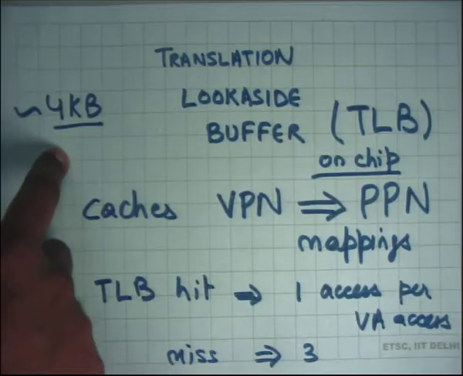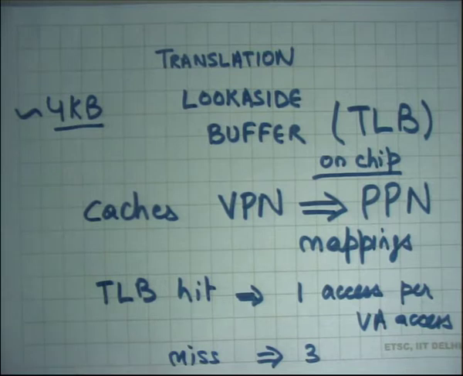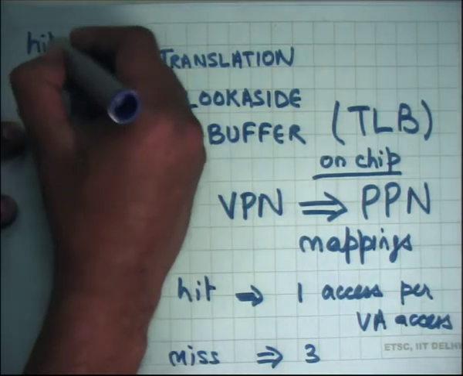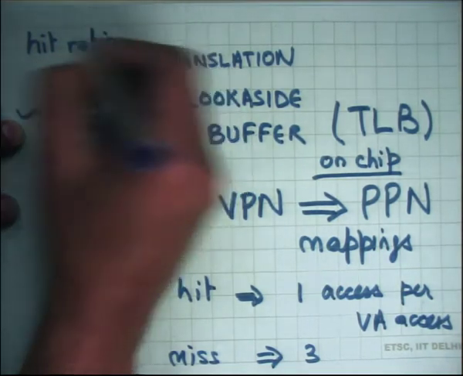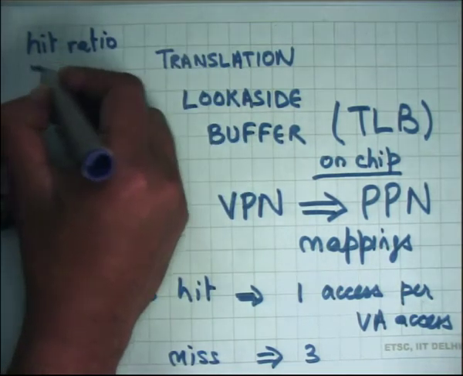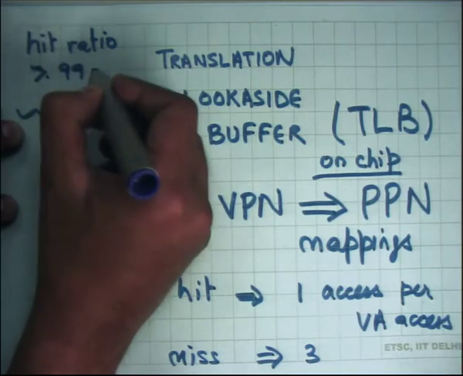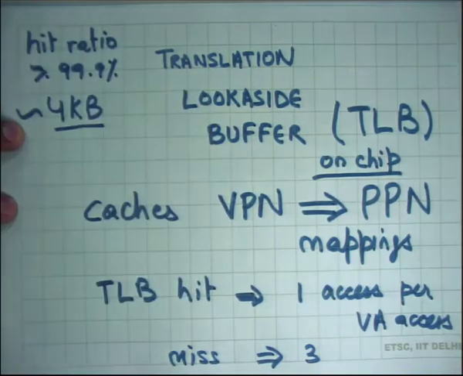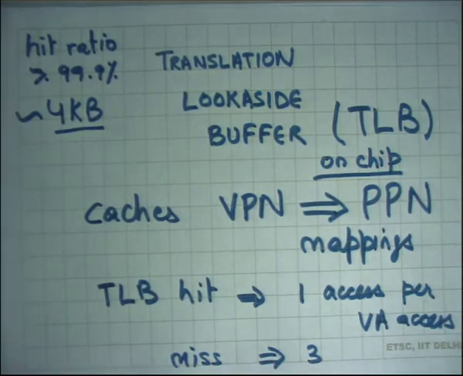Also, whenever we talk about caching, assume you have seen caching and you know what a hit ratio is. I've been talking about hit ratio, and it's greater than 99%, just a ballpark figure, somewhere between 99 and 100%. That's the kind of hit ratios we are looking at.